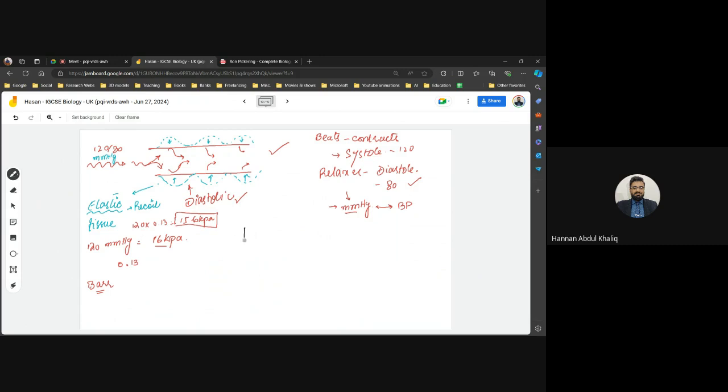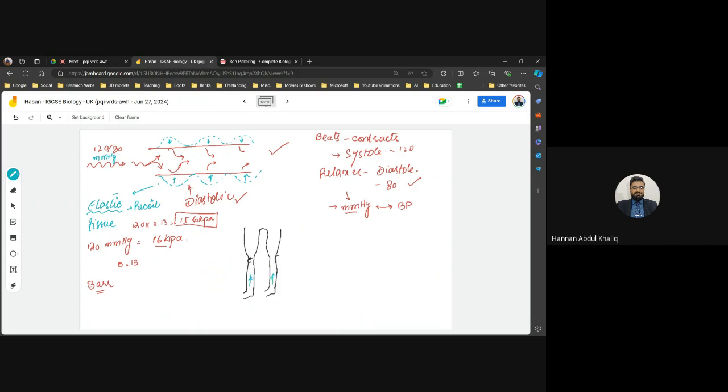Now, if you see a person, and we assume that this is a leg, we already know that in the legs the blood has to move against the gravity. It has to move upward.